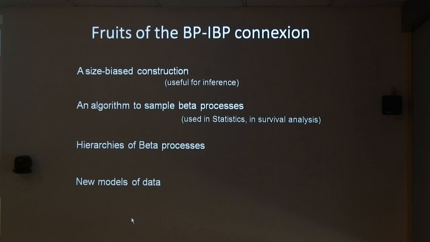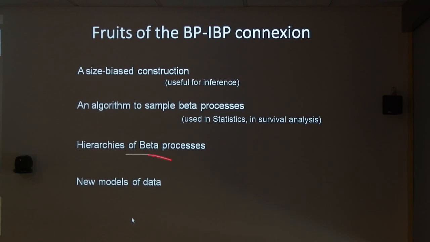More specifically, what you get out of the connection between the beta process and the Indian buffet process is this set of things: size-biased construction, which is a way to build the beta process in the order in which the features are discovered by the Indian buffet process, so a kind of merge of the two. It is a way to sample the beta processes that are used in statistics, and they have algorithms to do that, but this is a much simpler way to do it. And then hierarchies of beta processes, we'll talk about that, and new kinds of models of data.